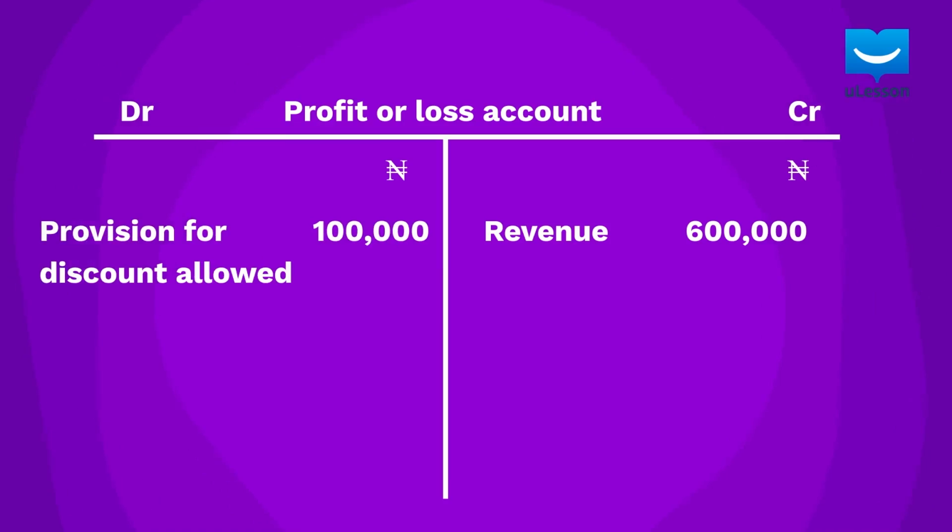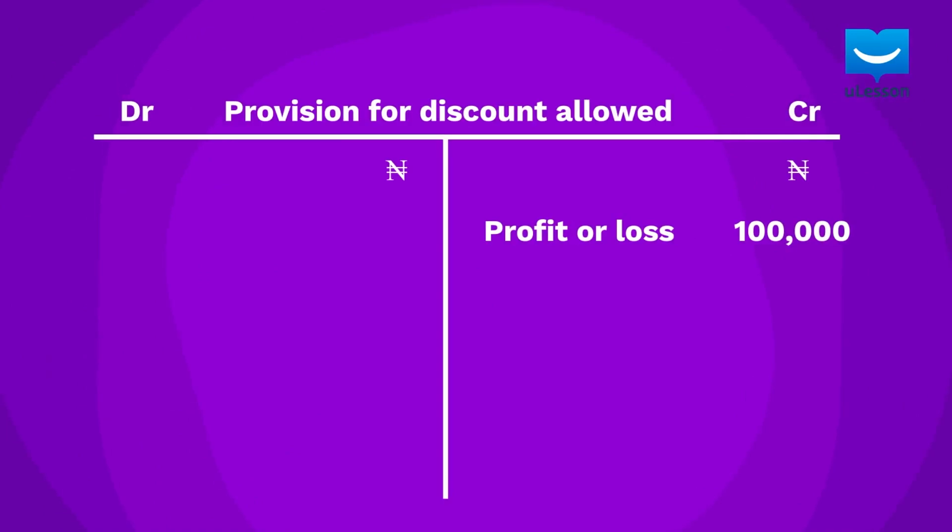Provision for discount allowed can be seen as an expense in the profit or loss account. So where would the second entry be? He will have to open a provision for discounts allowed account and post the second entry on the credit side of the account. So we have the debit and credit entry to provision for discounts allowed.